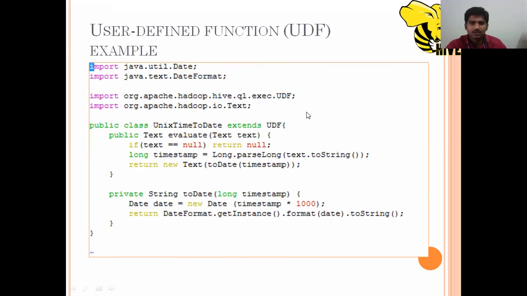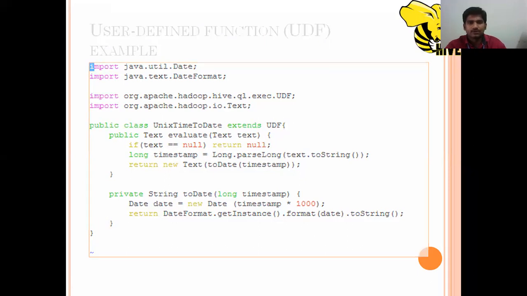We have three types of user defined functions, and we have a public class, and it extends UDF. We mention the definition of the UDF function here, where text is equal to null and it returns null. Long timestamp, some Java program, how it will be.